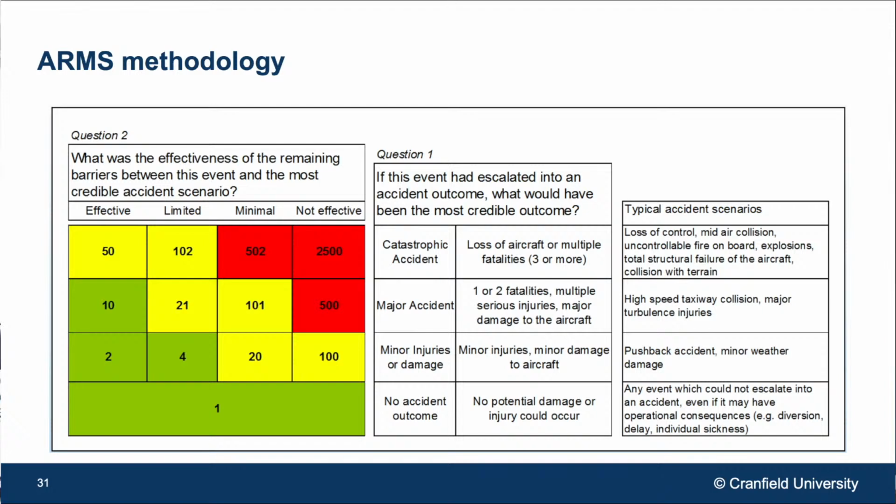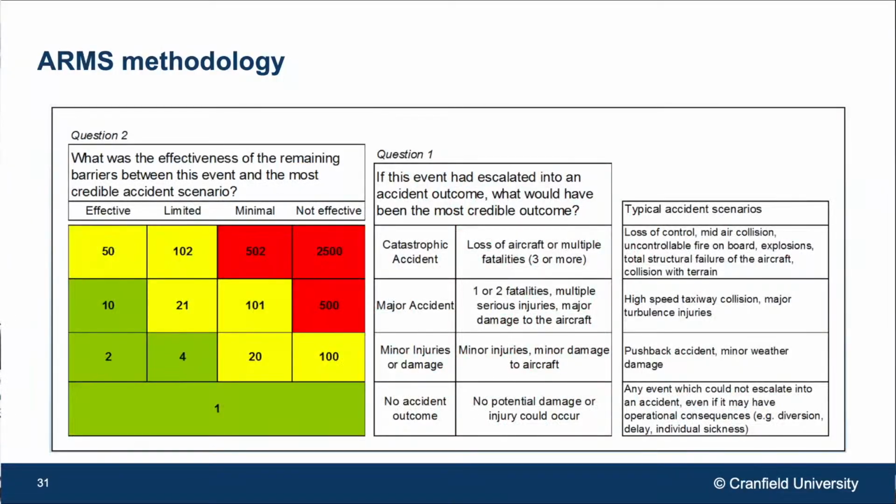I think it's good in that it does provide that framework that makes practitioners think a bit more about the process that they're going through. And it has some interesting features where the risk assessor is asked to look at the effectiveness of the remaining barriers.